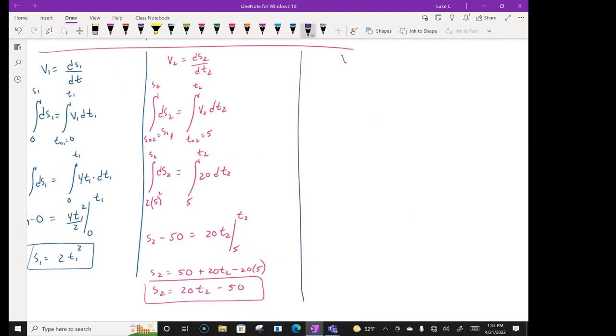I always like to write the fundamental equation. We're going to integrate ds3, integrate v3 dt3. This is S from S2F to S3. What was the time? 20 seconds? The initial? Okay. T3.